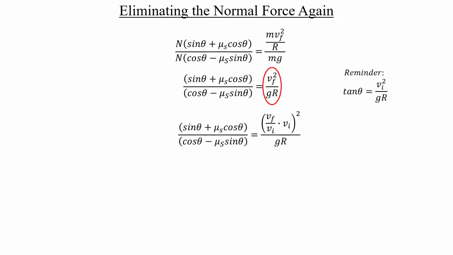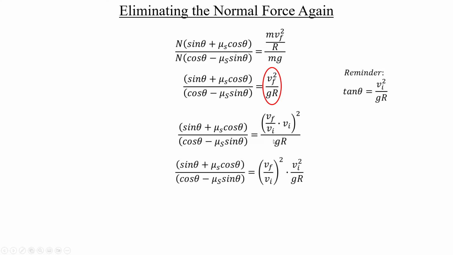Here in the numerator, on the right-hand side, I've taken the final velocity, divided it by the initial, and then multiplied it by the initial. It might seem like a bit of math nonsense since we're not really changing anything here, but check this out. Since these two things here are multiplied together, I can factor out this final velocity divided by the initial velocity, which is squared since it's inside this squared parentheses.